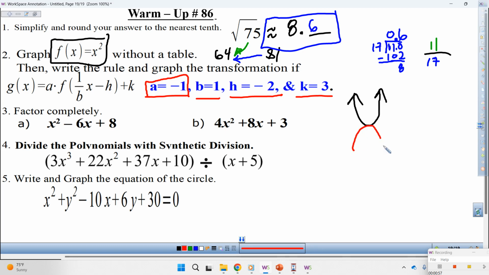Flips. This B 1 doesn't do anything to it. However, H negative 2 moves it which direction? To the left, very good. And 3 up, so that means 2 to the left, 3 up. So we're going to end up with this one somewhere up here.